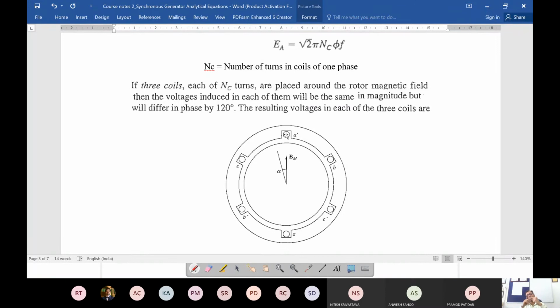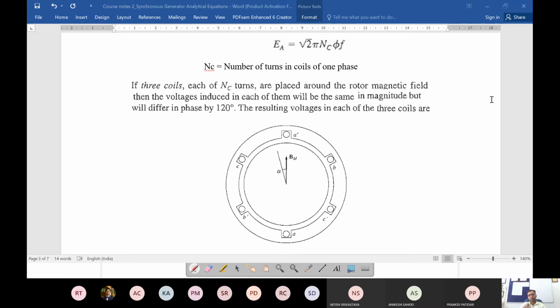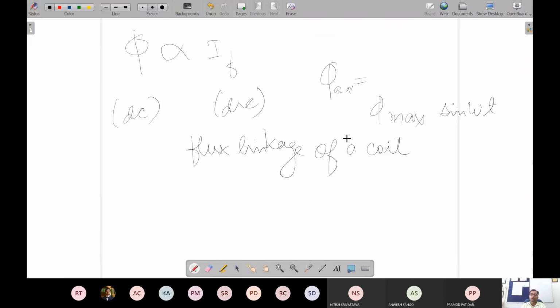Once the north pole passes, it is like the maximum flux is passing. Then it reduces gradually, there is a point of 0, and then it grows. As the south pole passes across this coil, that is equivalent to the negative peak. Please understand that the flux is still DC, but from a coil's perspective, the flux will appear to go in this particular fashion.